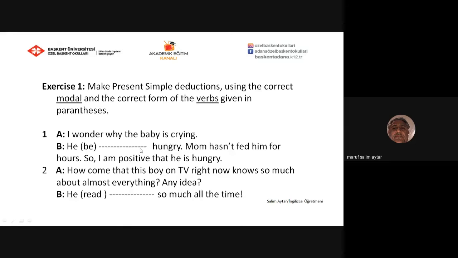Think about it. The second one says, how come this boy on TV right now knows so much about almost everything? Do you have any idea? Well, if you're sure, you need to use the correct form of the verb and the modal.